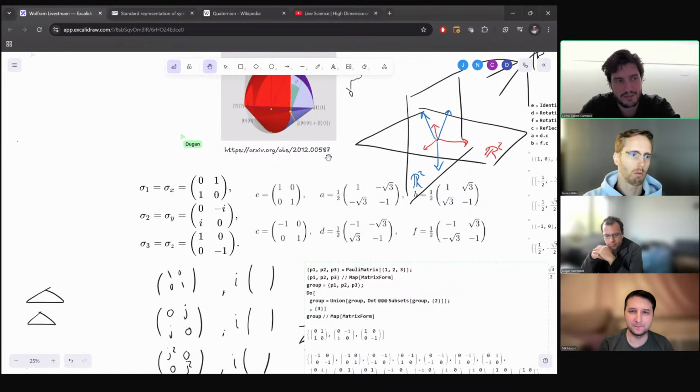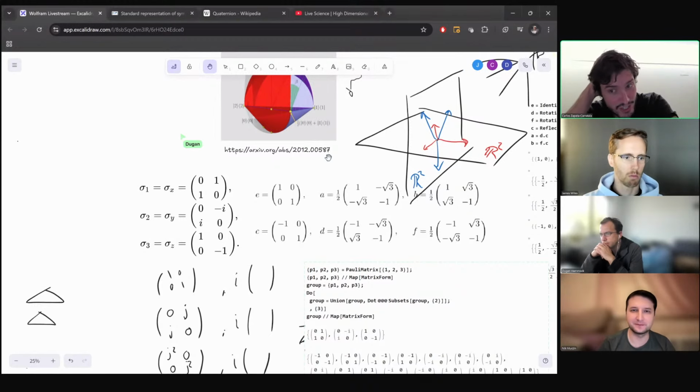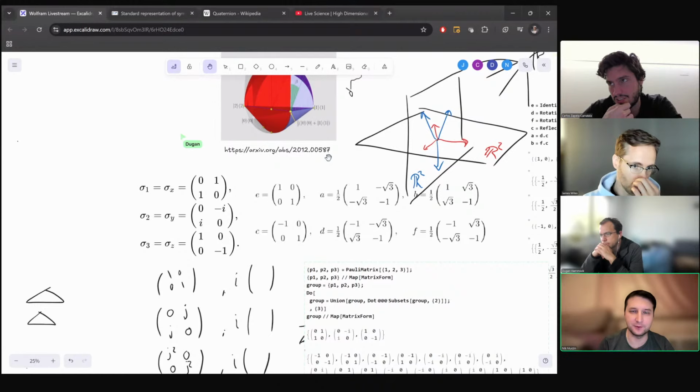It's more a statement that is kind of obvious, that trace one matrices don't close under multiplication. It's just from the properties of trace, I think. Wait, is it true?